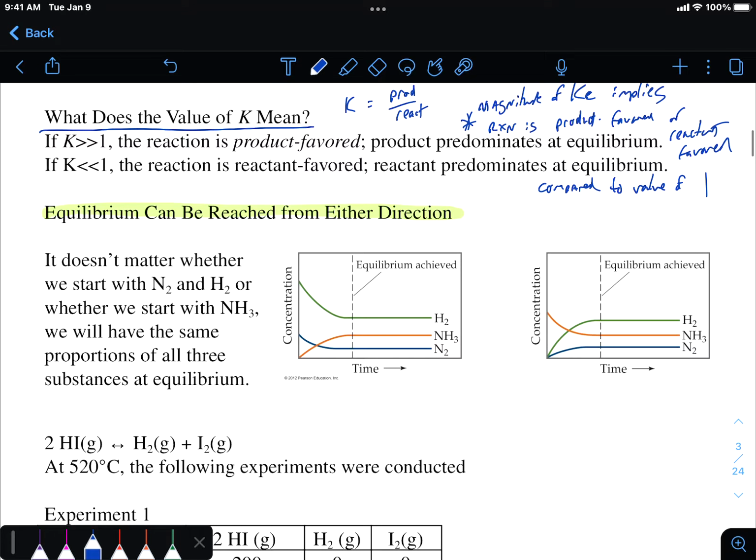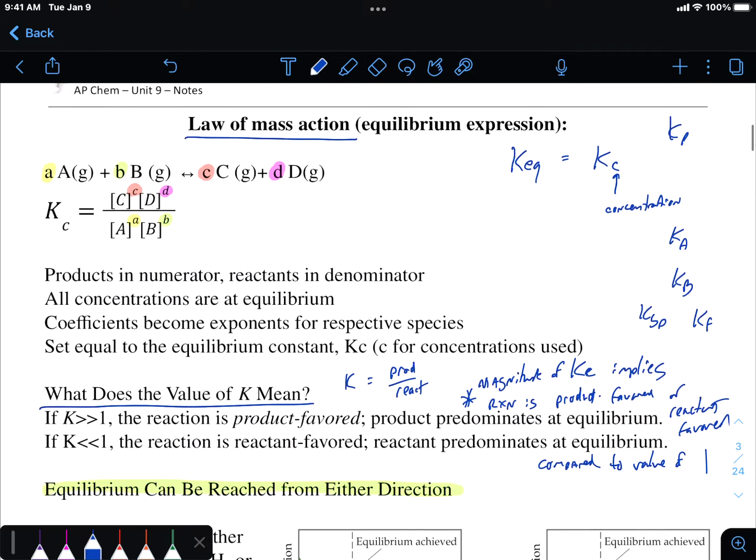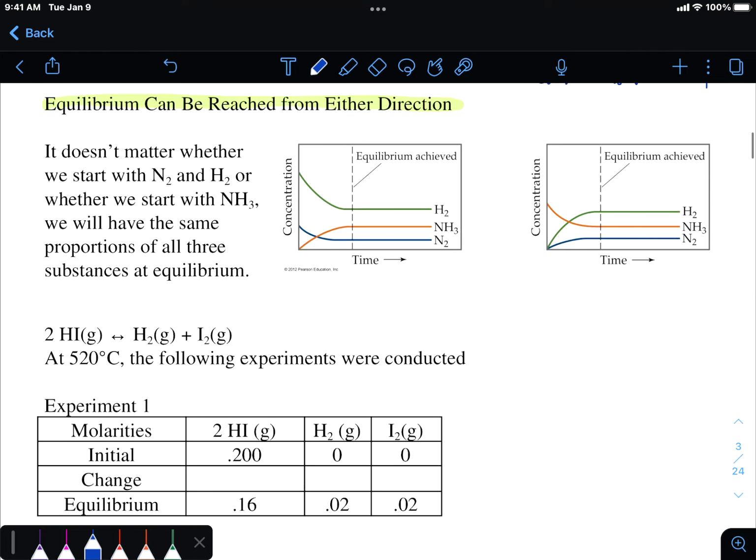So, for example, I'm going to write an equation here: hydrogen plus nitrogen forms ammonia. The law of mass action for this would be written this way. Everybody take a second and agree that that makes sense to you.